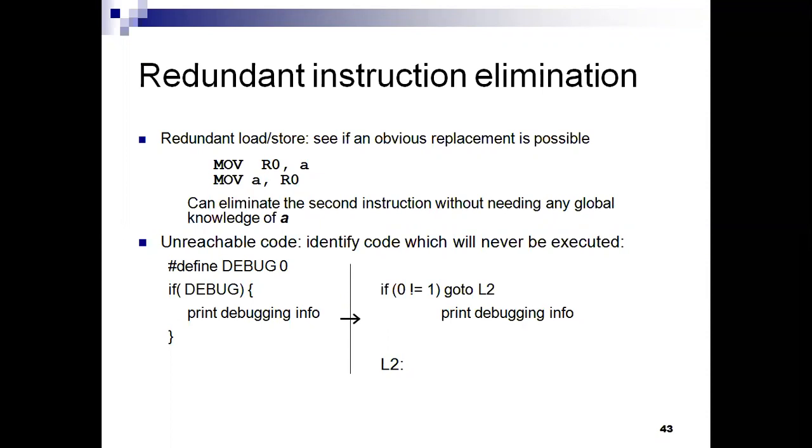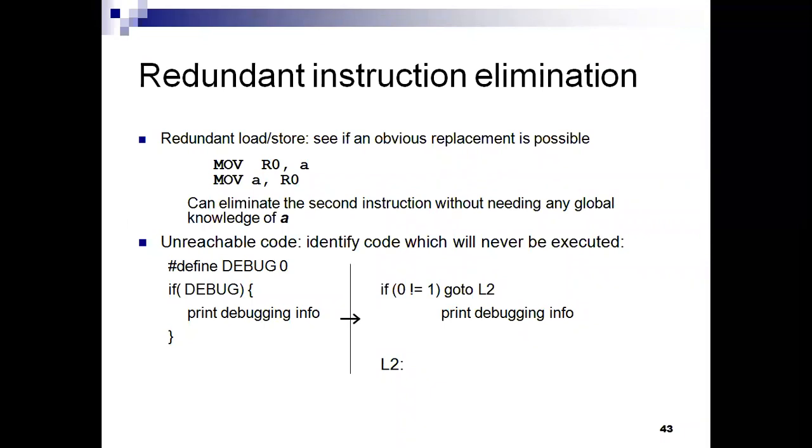And here we have unreachable instructions. We can also eliminate unreachable code. First, we need to identify the code which will never be executed. After identifying, just eliminate that code, modify it, and then again show the application of the transformation, right?